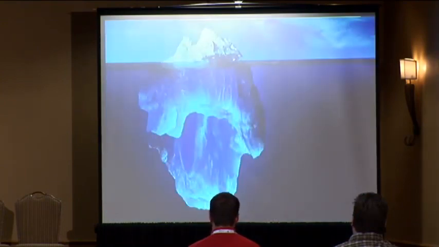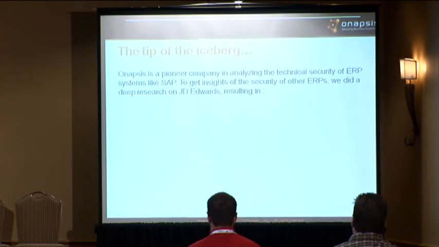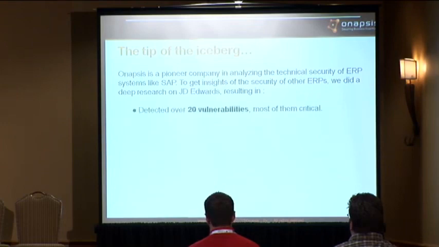And we tend to think that this is somehow the tip of the iceberg. We are usually analyzing not only JD Edwards and Siebel, but also SAP systems and other ERP systems as well. And we usually find these kinds of vulnerabilities in most ERP systems. In this sense, we did several research projects.